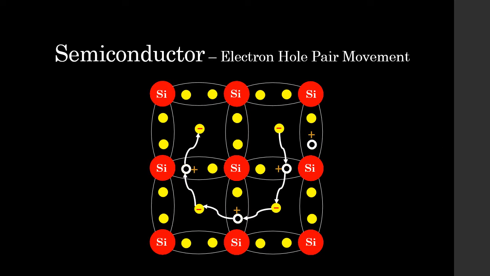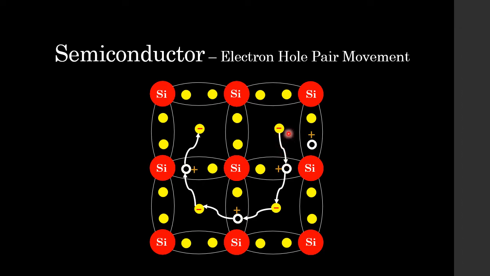So once our electron-hole pairs are generated, we can actually see that there's a movement that takes place. If we look at our electrons, they are negative charge carriers. That's why there's a lovely negative sign there. And our holes are positive charge carriers. That's why we've got this lovely positive sign there. And as you know, opposites attract. So our negative free electrons are attracted to our positive holes.